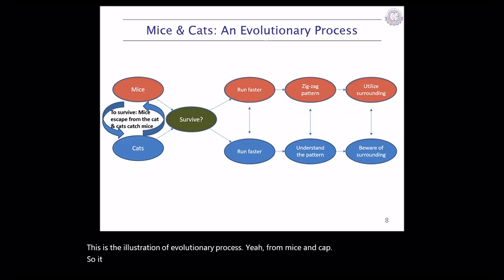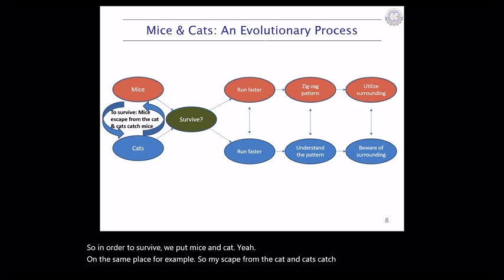So in order to survive, we put mice and cats in the same place, for example. Mice escape from the cat and cats catch the mice. So this is the situation.